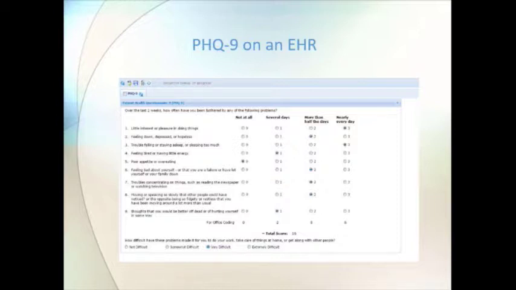Some of our patients actually have a little difficulty with reading and writing, so in that case, the nurse actually reads the questions and helps them answer it. If they answer positively to each of the first 2, the 9 is then generated, answered, and then entered into the record. And it actually shows up on the HPI of that visit. So right under the HPI, there's a drop-down that says depression, lists their PHQ-2 or 9 scores.